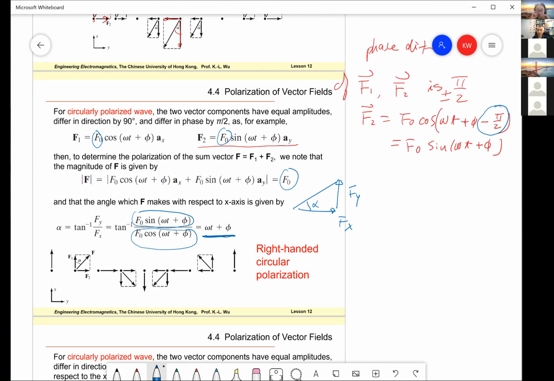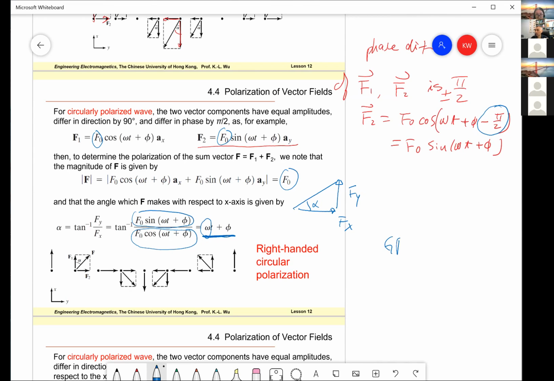What it means is the angle alpha changes with time at the frequency omega, so that means the angle rotates, and it rotates very fast. How fast?